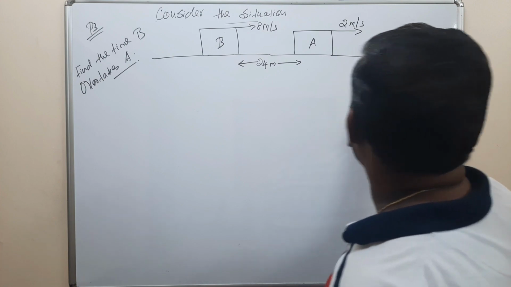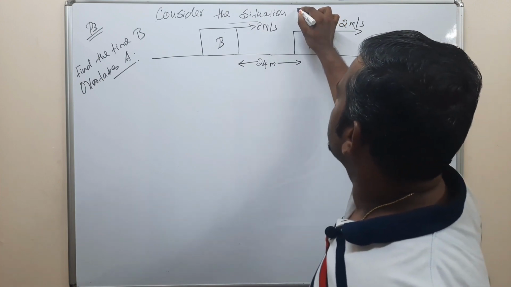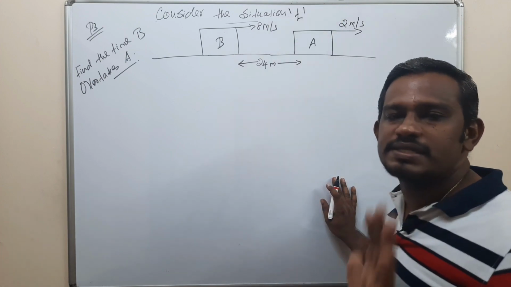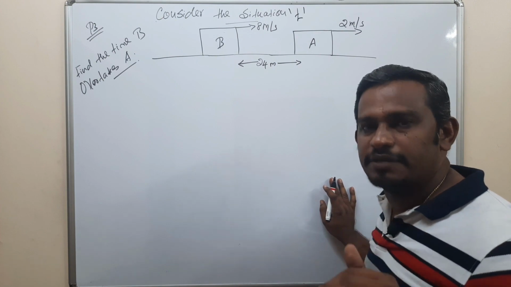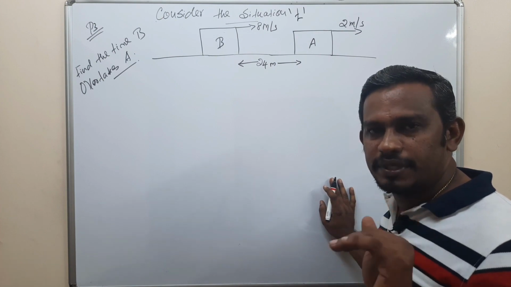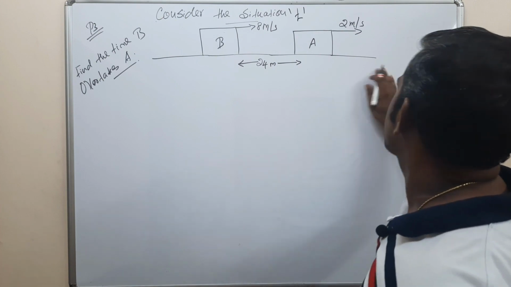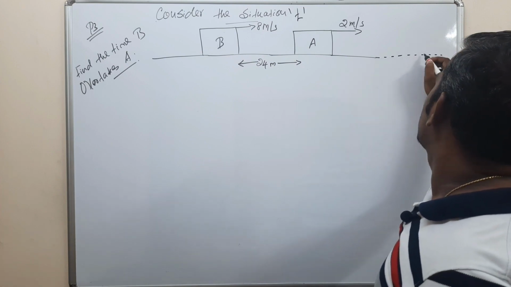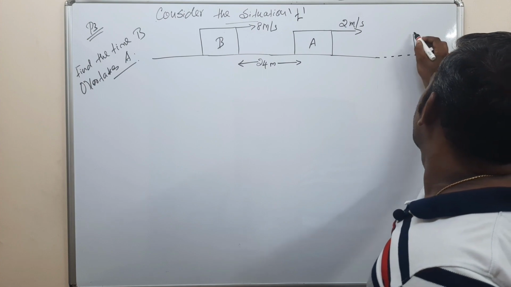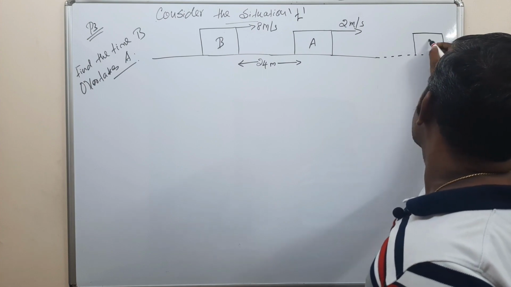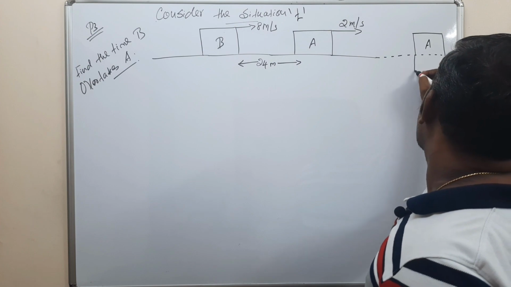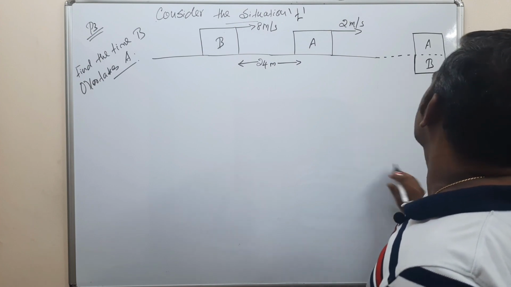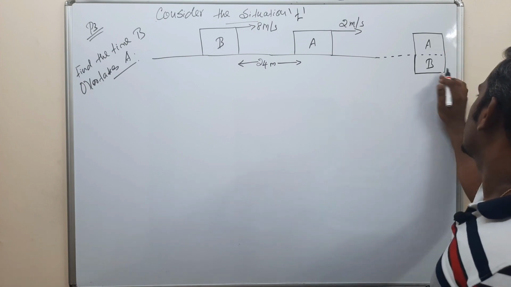We are considering that after time t the car B overtakes A. At the time of overtaking, the two cars are in this position.